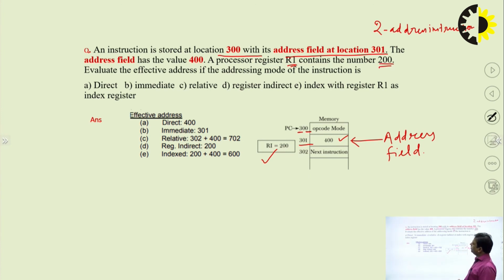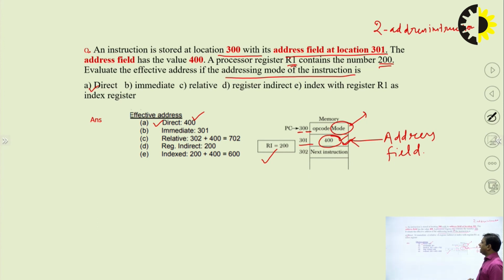Now my objective is to evaluate the effective address if the addressing mode of the instruction is direct. In case of direct addressing mode, the address field directly contains the address of the operand. So the effective address will be 400.